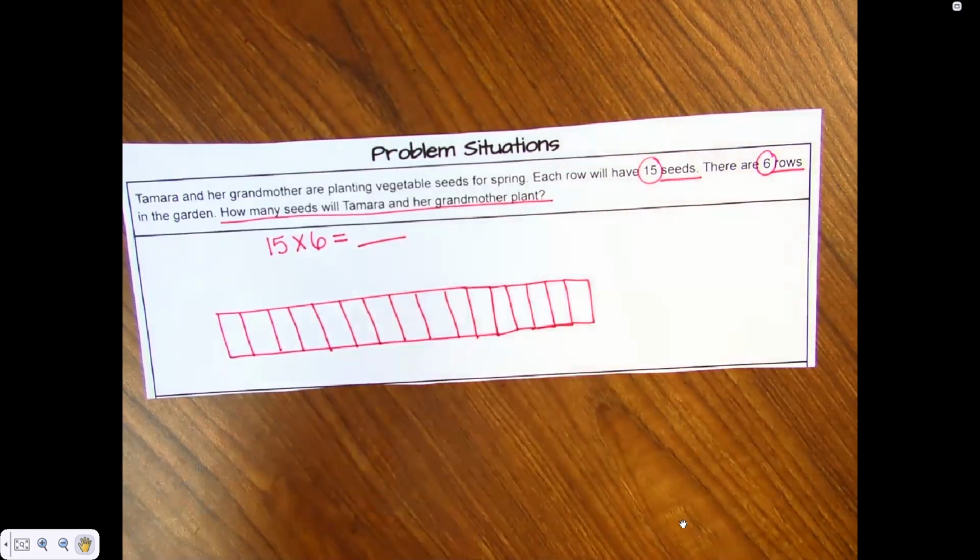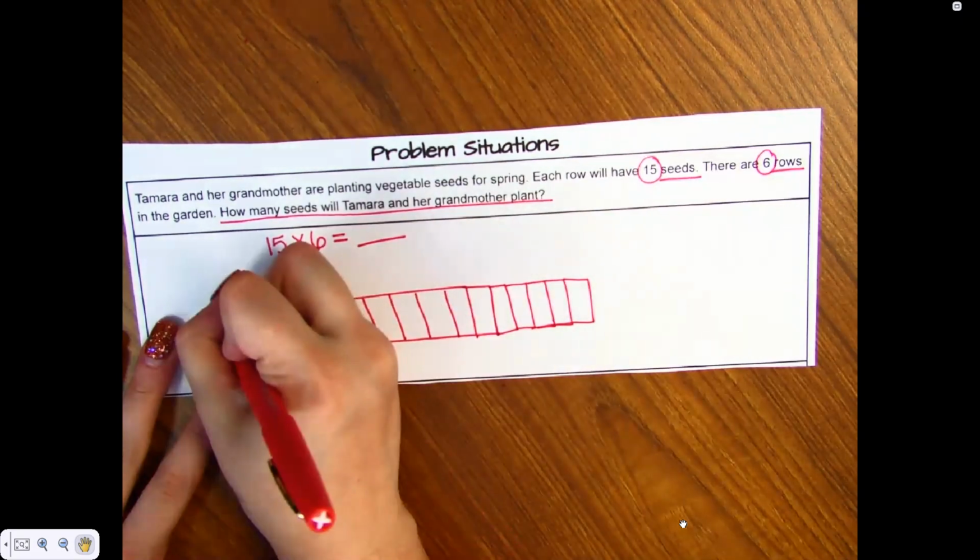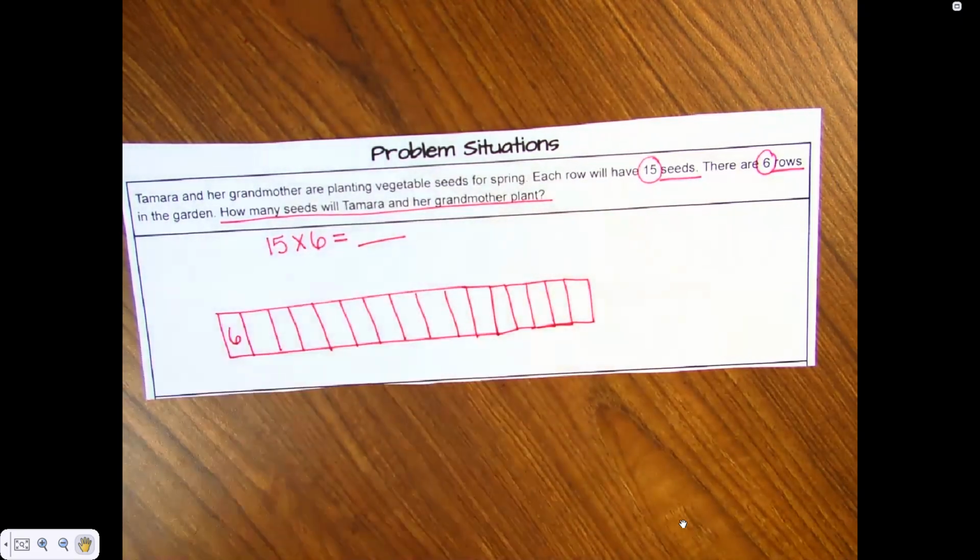Okay, so then I'm going to start with 6. What do I have to do across my strip diagram to figure out what 15 times 6 is?